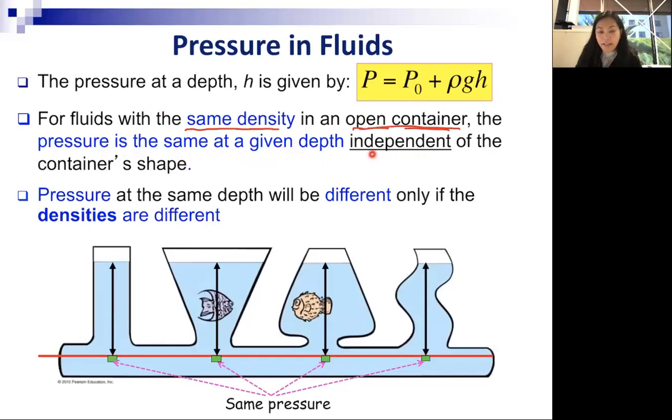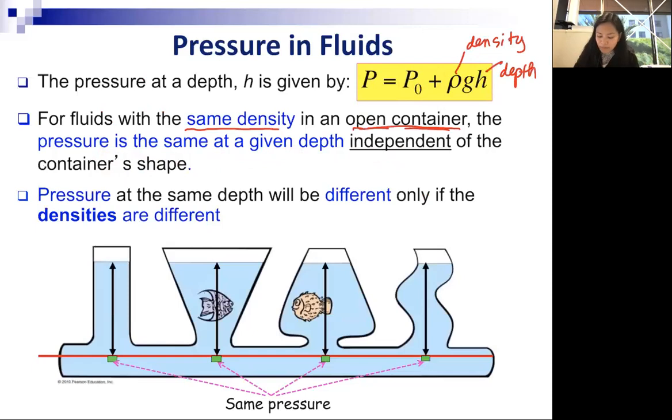And it does not depend on the shape of the container. Because as you can see here for the gauge pressure, it just depends on the depth H and on the density of the liquid.